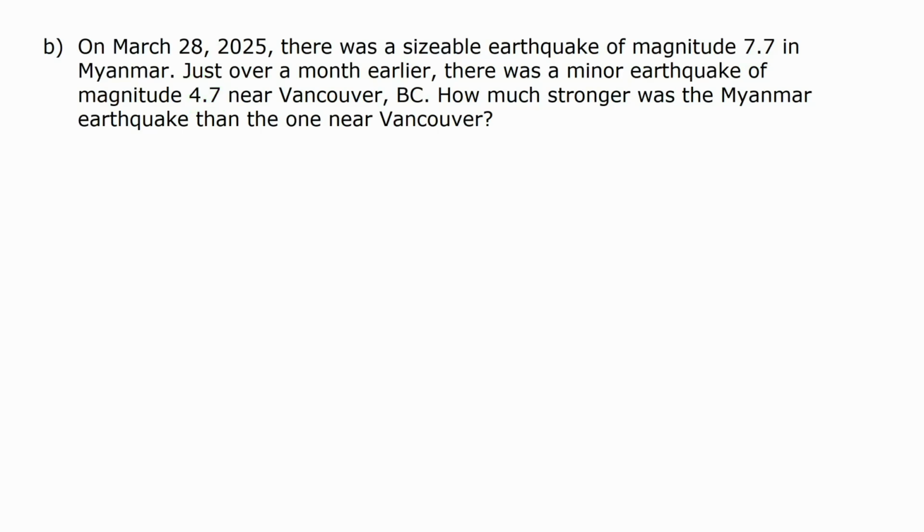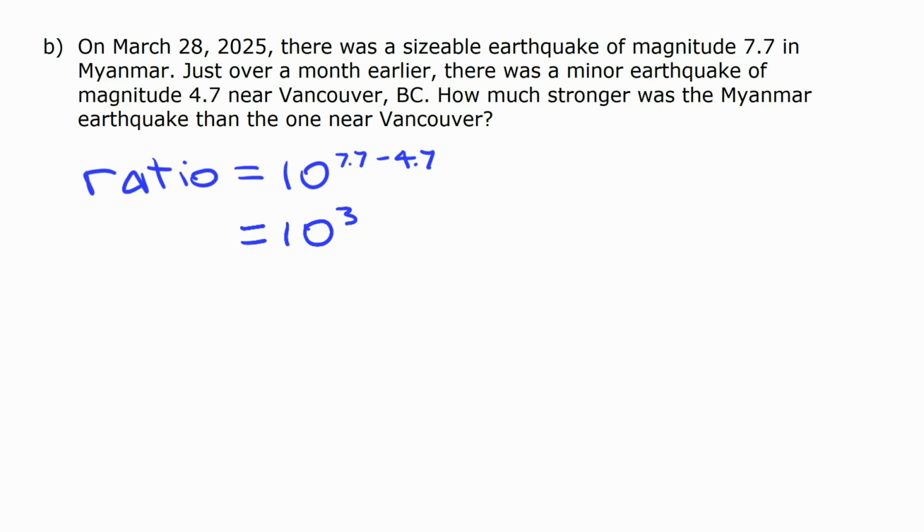On a logarithmic scale, of course, if you're looking for the ratio, like we're looking for how much stronger was the Myanmar earthquake than the one near Vancouver, we're essentially looking for the ratio of how intense each earthquake was. And so we could write it as a ratio, as a fraction, or as we saw in the previous example, we can go right to writing it as a power of 10 with those exponents subtracted, and that is 10 to the third.